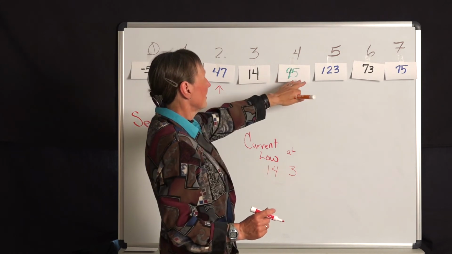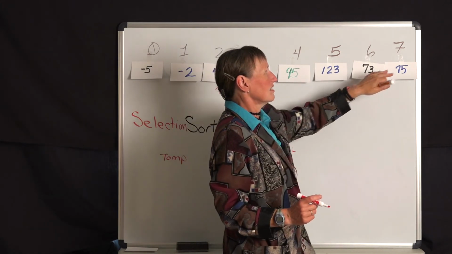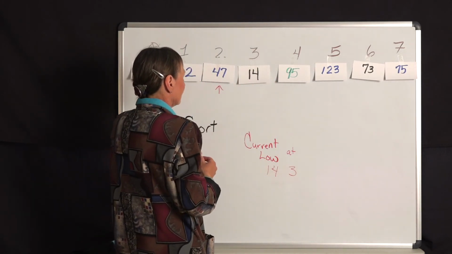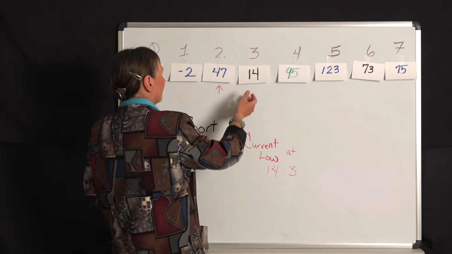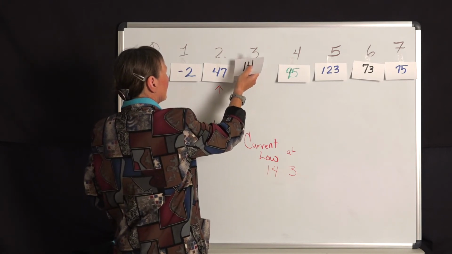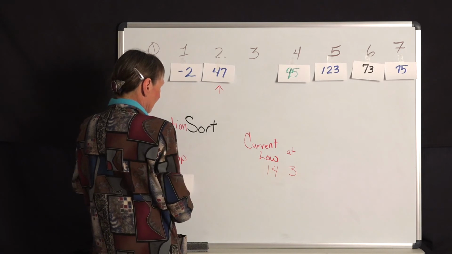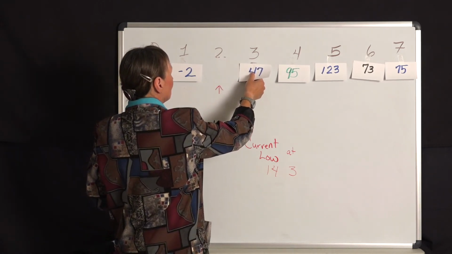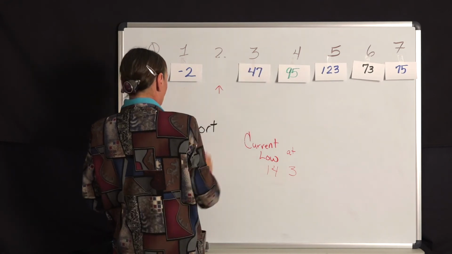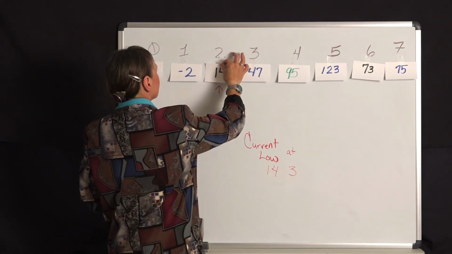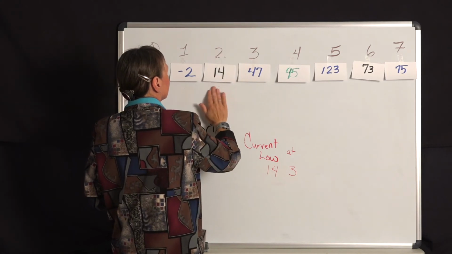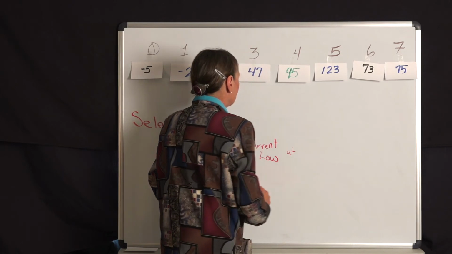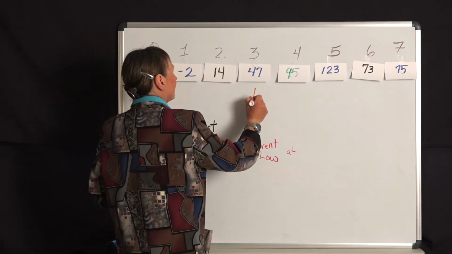And 14 at 3 remains the lowest value as we go through the list. So we basically say, okay, 14 goes into the temporary location. 47 moves to where that one was. And now we start here.